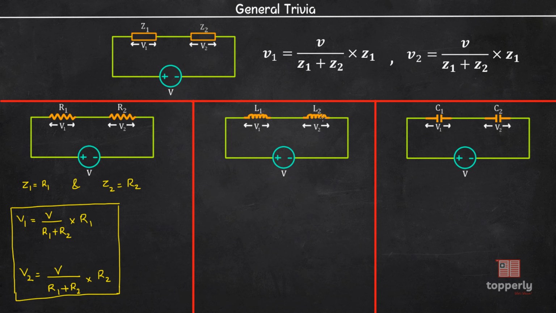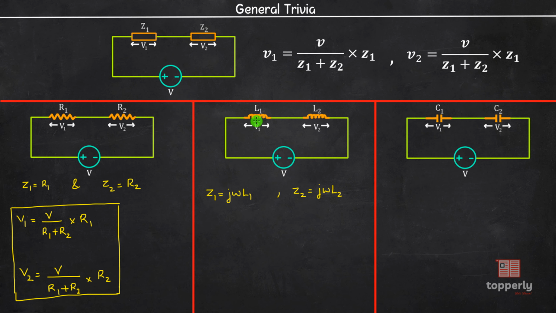Now if Z1 and Z2 are purely inductive, then we learned in network theory that Z1 is equal to j omega L1, where omega is the frequency of operation, and Z2 is equal to j omega L2.